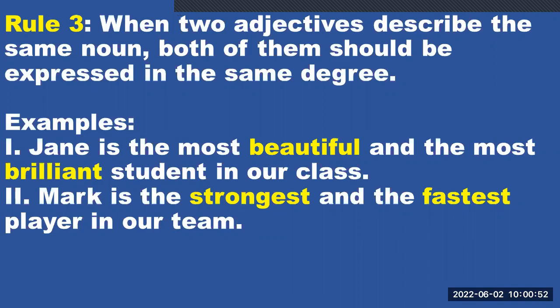So the important thing is that the two adjectives that are describing the same person should be in the same degree. All right. For example, if you are describing Mark as strong, you can say that Mark is a strong and fast player in our team. All right. Strong and fast, or stronger and faster than someone else, or the strongest and the fastest of all, all right?